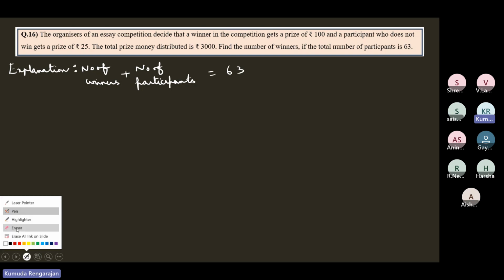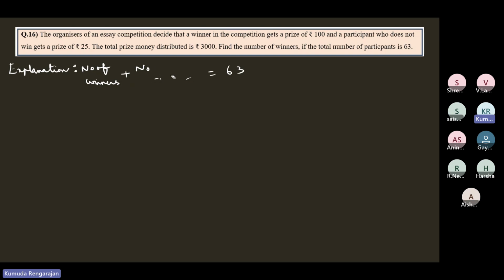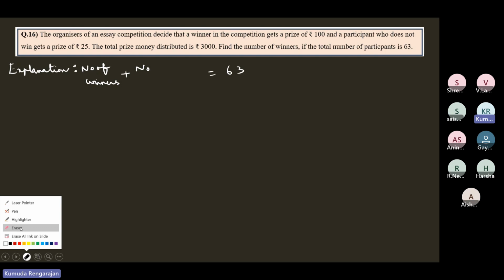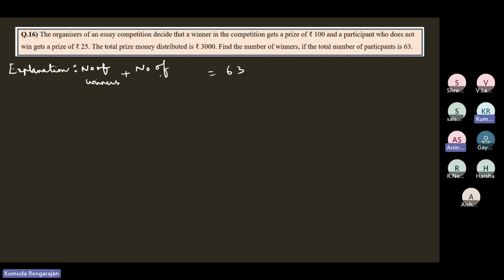Okay, non-winners, how do I write that? I don't know if it's right to say non-winners, but it's enough if we understand. I don't want to write losers. So number of winners plus number of non-winners is equal to 63.